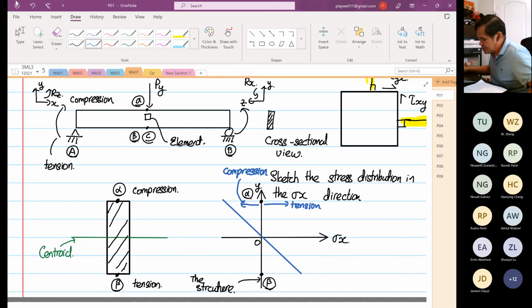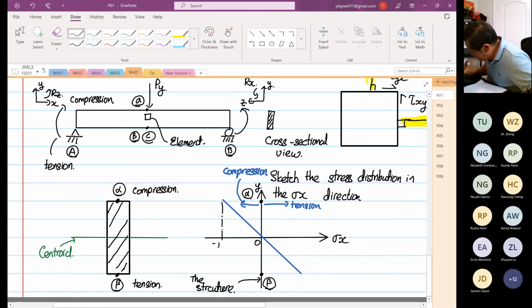This is how our graph will look. And if we plot the axis out over here, this is our minus stress X, and then over here, this is our positive stress X.